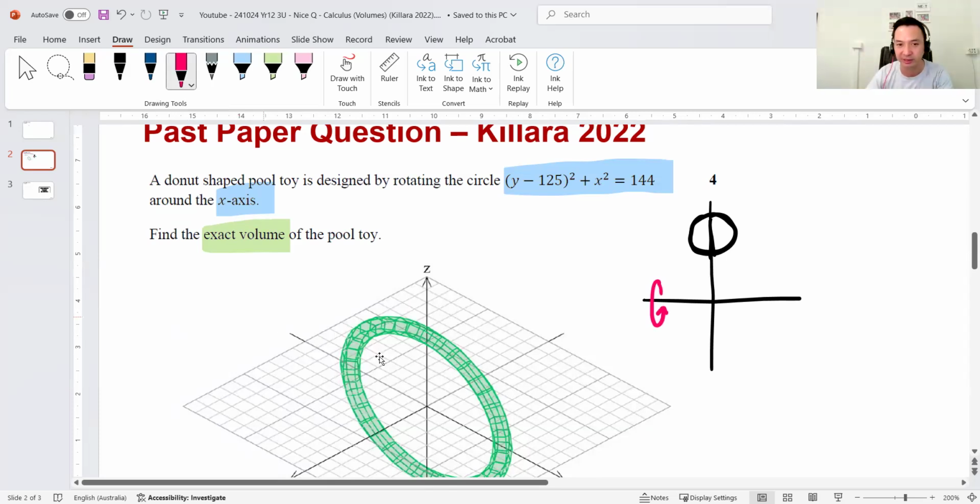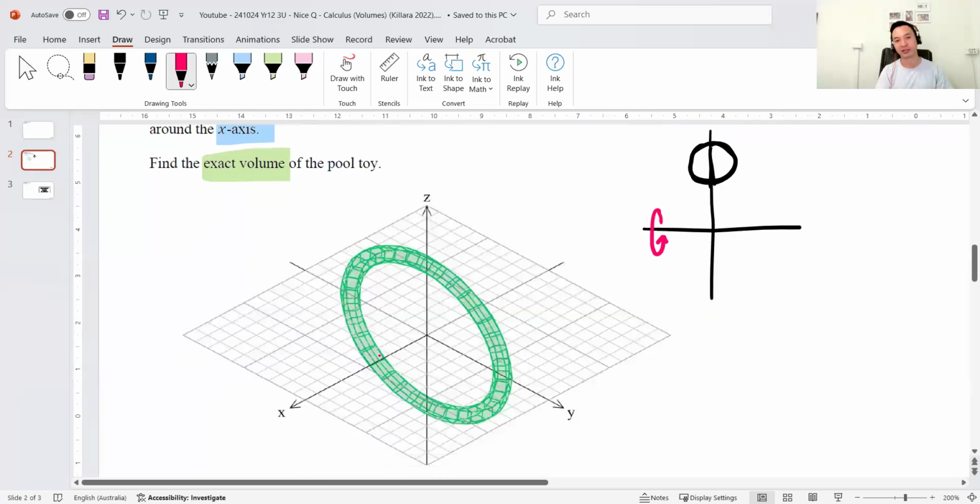That's what this is trying to depict. This is x and this is y, and it's rotating about the x-axis. We're spinning it about this line here. And where's the circle? The circle's over there, and we're rotating it about the x-axis. That's how I want you to visualize it, rotating about the x.